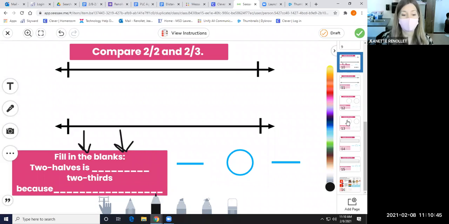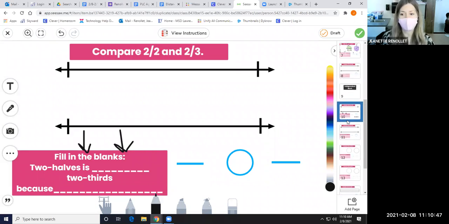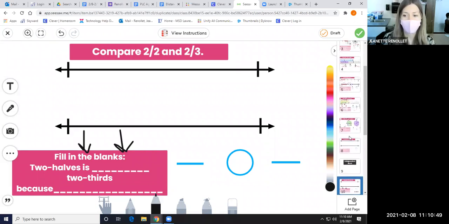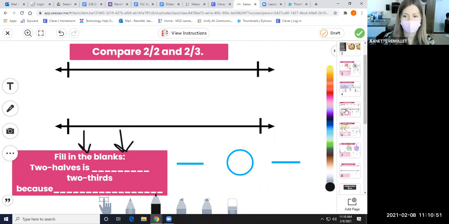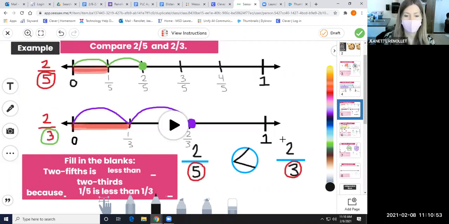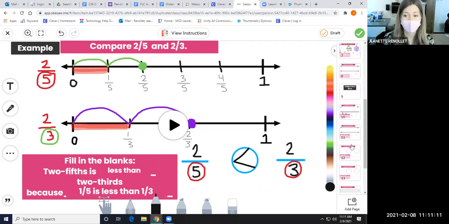We have not watched an example together of a number line, but you do have one. Number 5 has an example of a number line that you can watch during your work time to help you remember how to partition and represent a fraction on a number line. You can do that during your work time today.